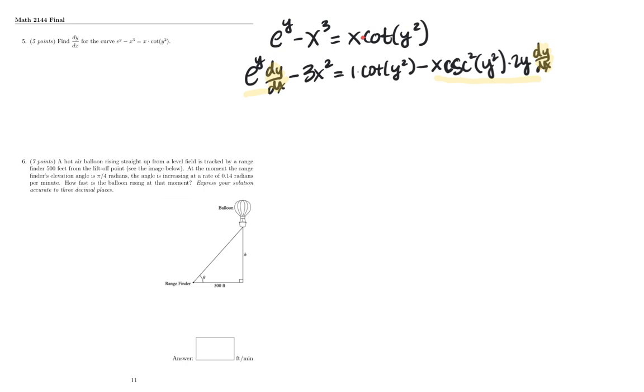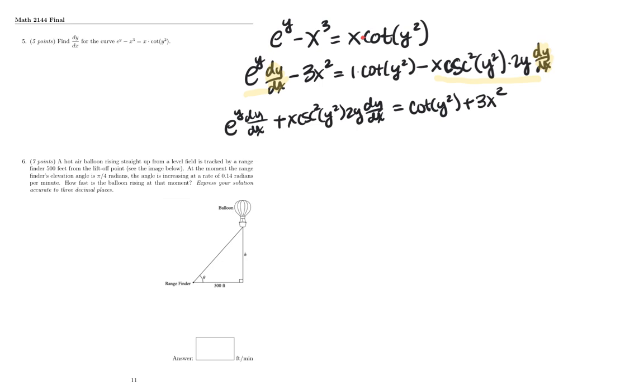And so I'll have e to the y dy dx plus x cosecant squared y squared 2y dy dx equals cotangent y squared plus 3x squared.